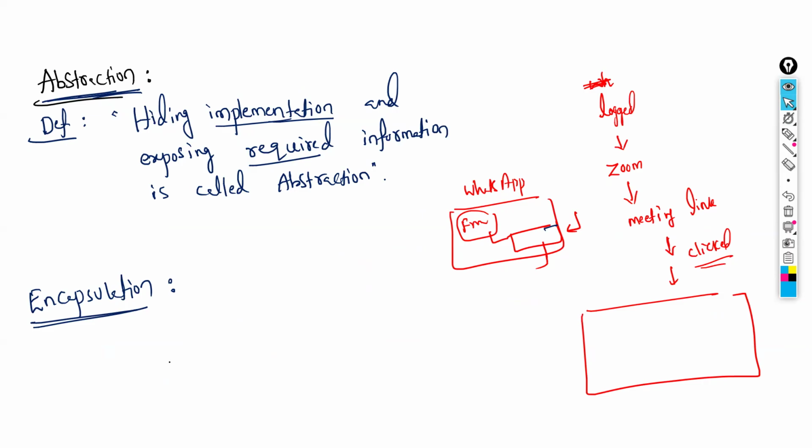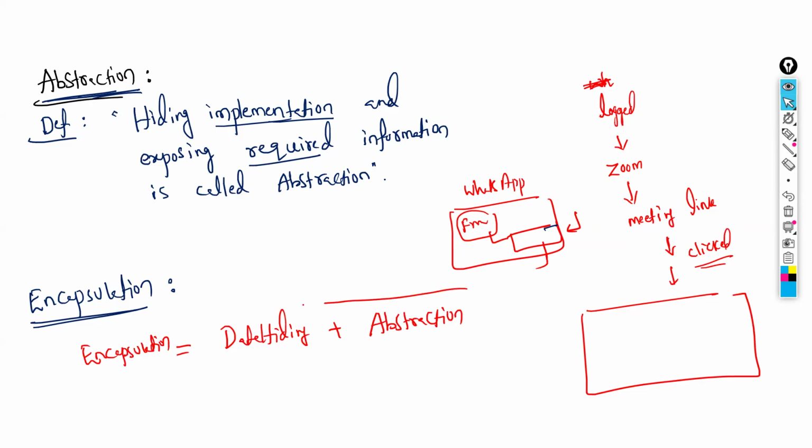Both, right? So the first way of defining encapsulation is binding logically related data into one common entity, which is called encapsulation. That is one definition. What is the second definition? Data hiding plus abstraction together is called the second way of defining encapsulation.